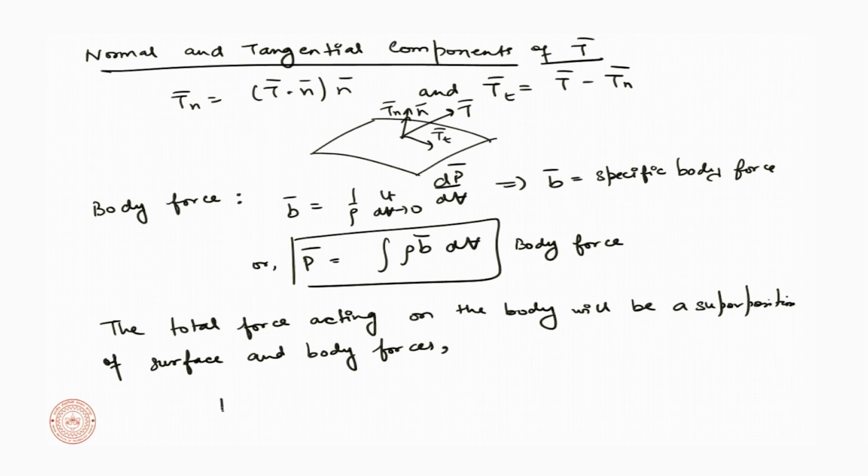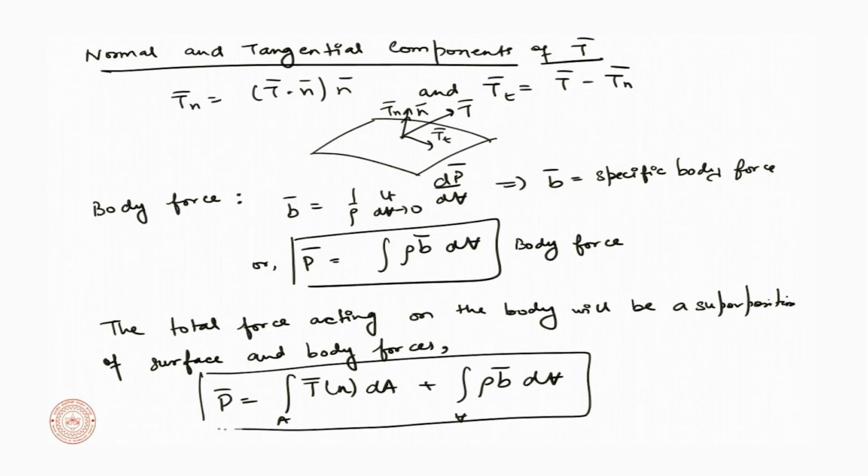So our net P vector therefore will be integral over the surface, our T vector along the normal into dA plus the body force rho B vector integrated over dV. This is our net force, and we will come back to this equation when we look at the conservation of linear momentum and our governing equation.